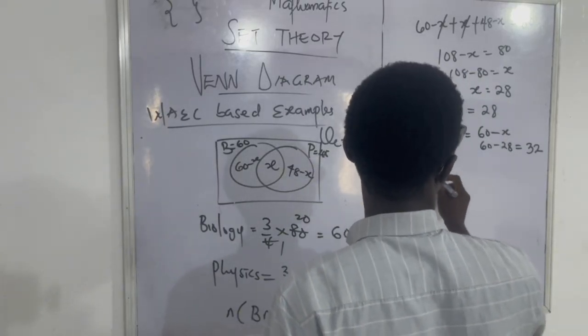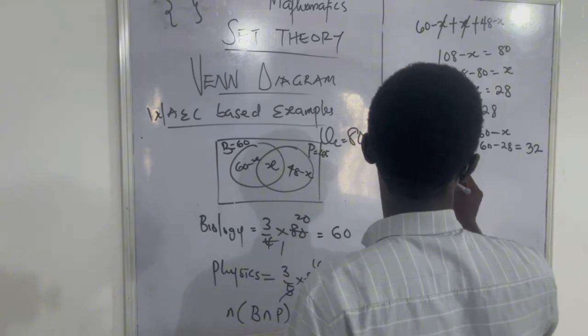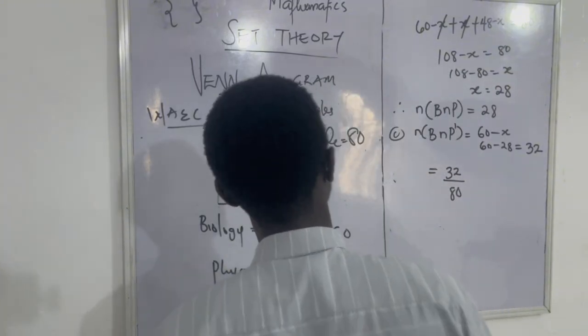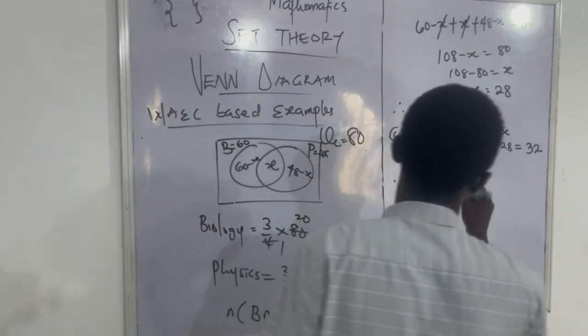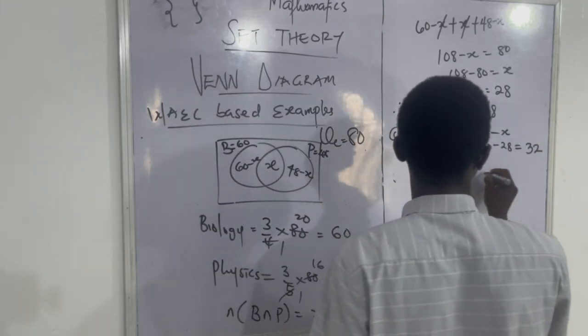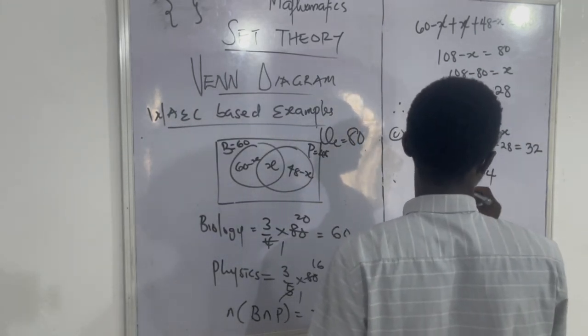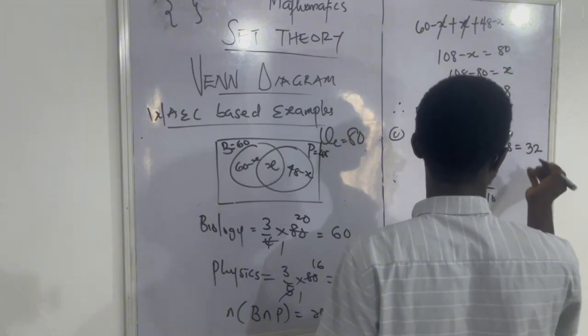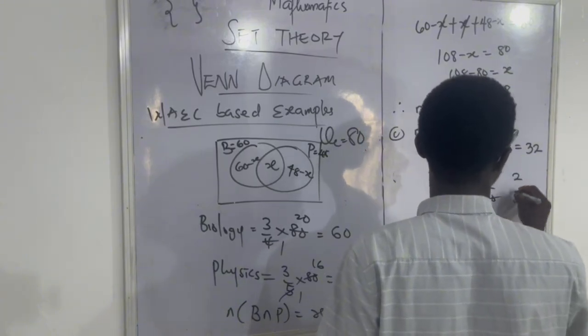So the fraction will be 32 over what? Over 80. So that's 8 here, 4, 8 here, 10. So 2 can still go, 2 here, 2 here.